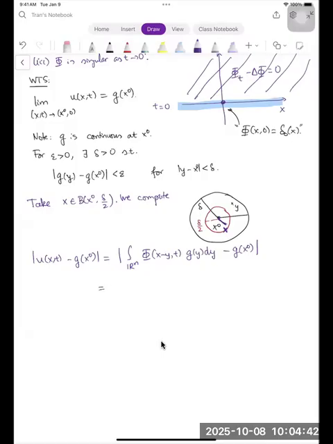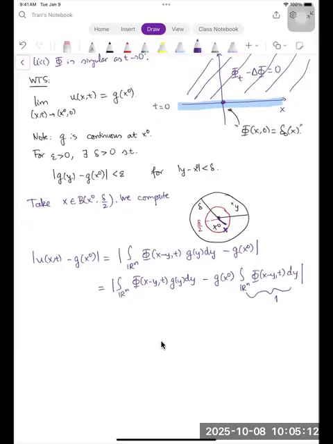But what is important is, what is 1? Let me write it like this: g of x naught, I multiply it with 1. This is 1 because remember that phi has mass 1. So we are just doing the boring trick of multiplying g of x naught with 1.